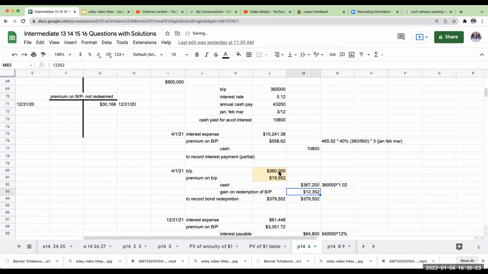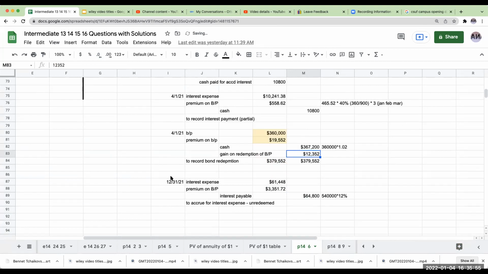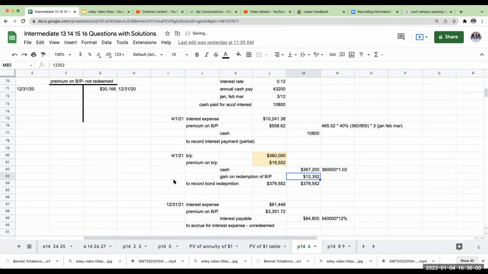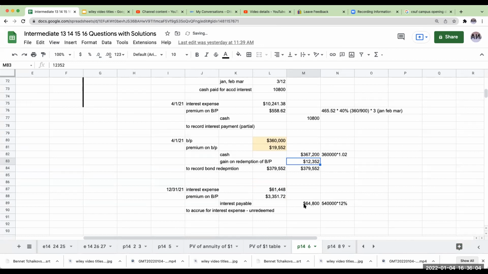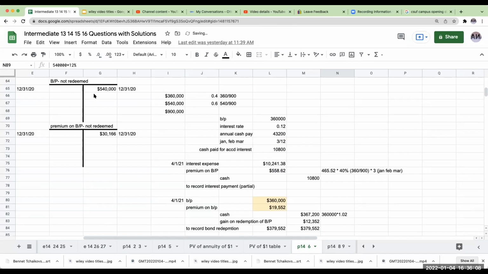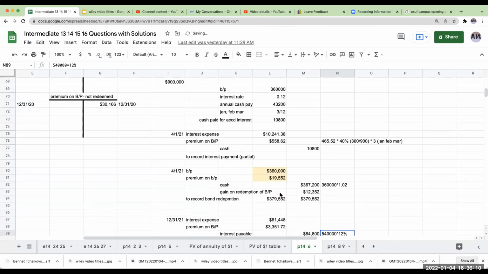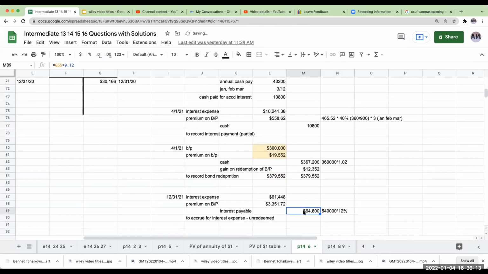This balances my journal entry. Over here on December 31st, 2021, I then have to deal with the accrual of the interest expense for my unredeemed bonds. This is going to be 540,000 times 12%, but it is outstanding for the full year, so we're just going to leave that as it may be.